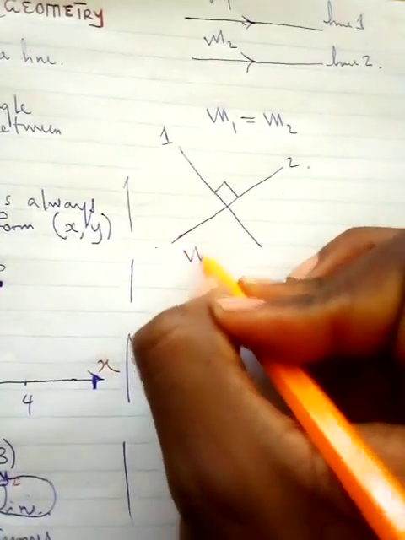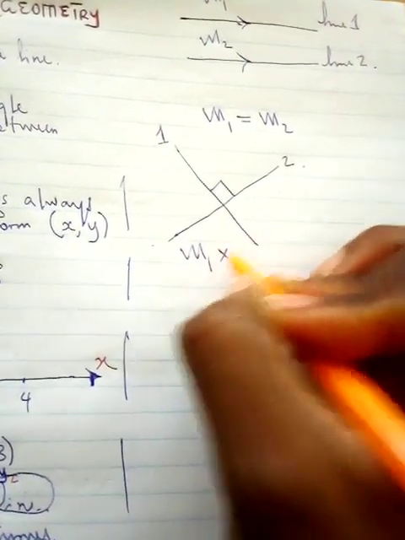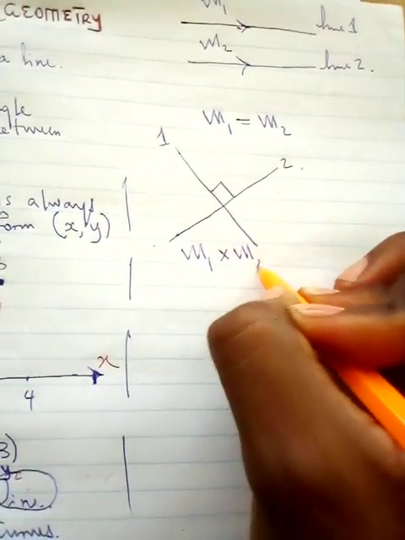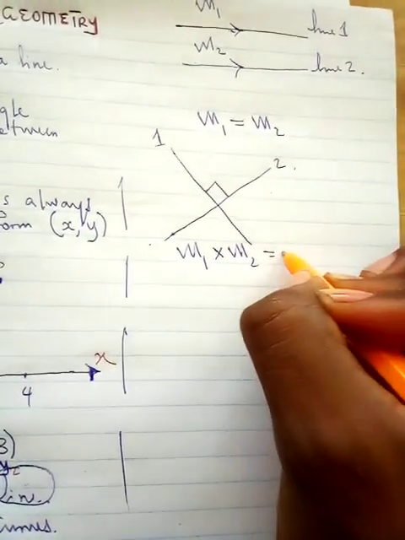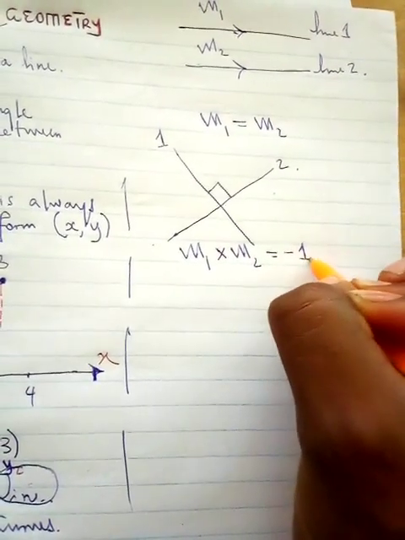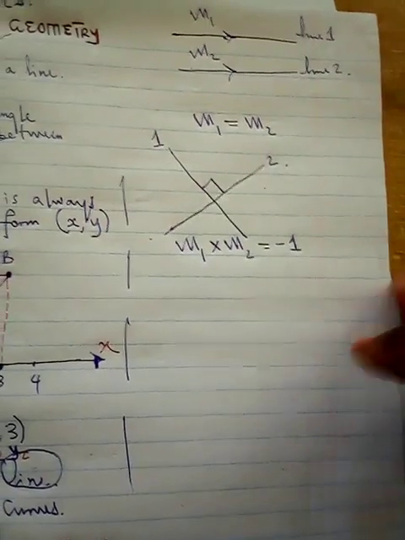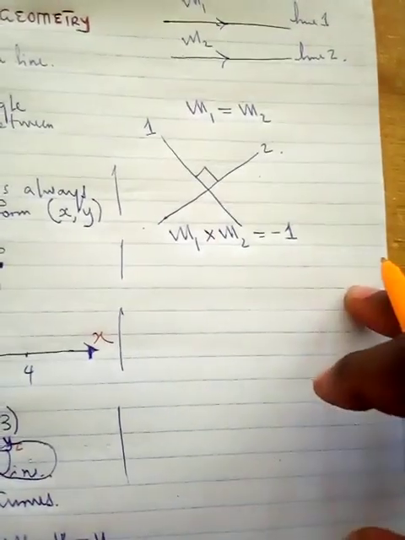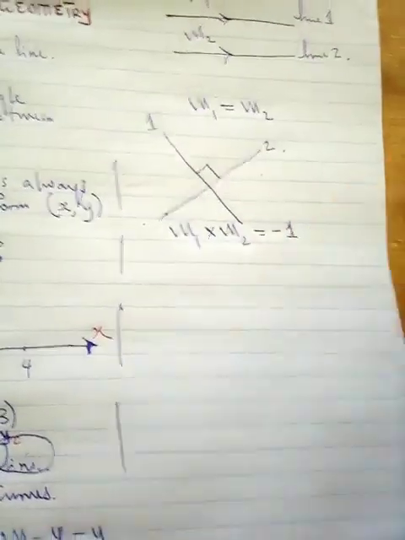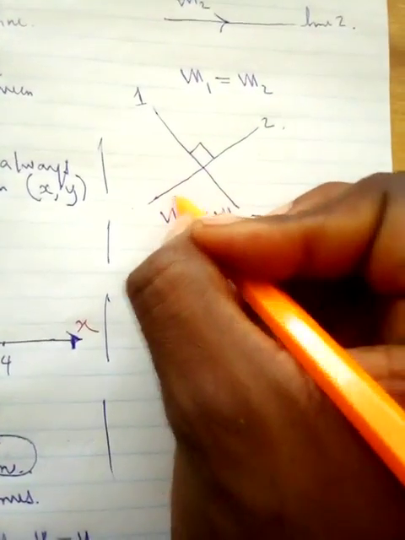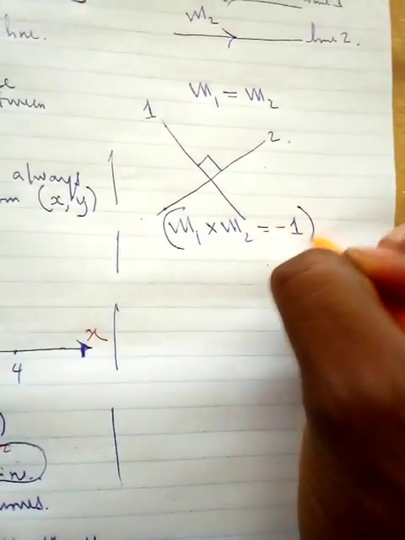The gradient of line 1, if multiplied with the gradient of line 2, the value always comes out as -1. This is very important.